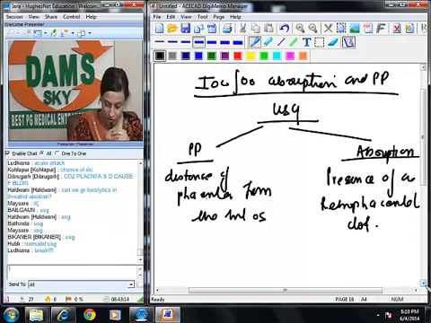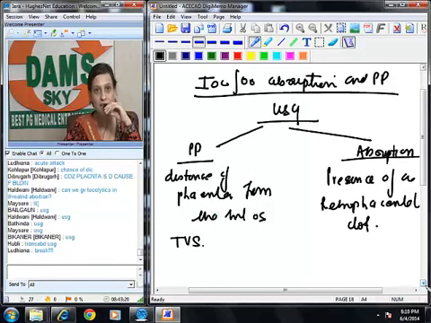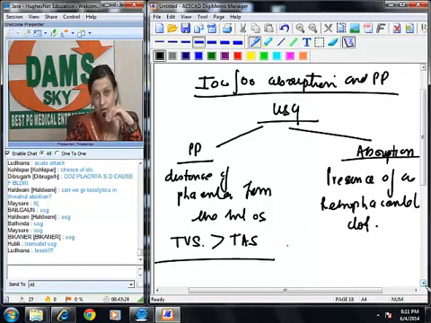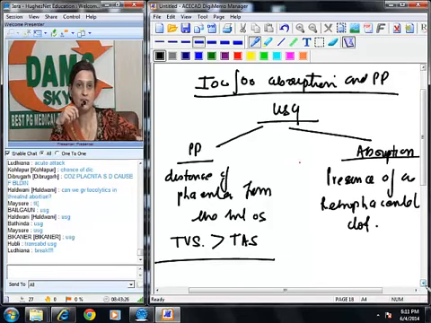Right? Now, I just said ultrasound, but for placenta previa, transvaginal ultrasound is better than transabdominal. It seems that transvaginal ultrasound will cause more bleeding, right? Because you introduce it into the vagina.